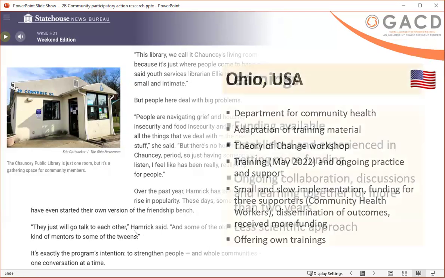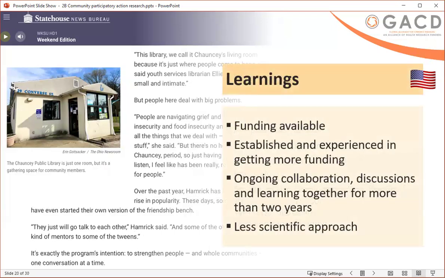The learning there was this: they had funding, they have continued funding, they got more, they're very established, they know how to get funding. We have this ongoing collaboration, and it's not so much focused on science as on offering support for people in need, which is being received well in their community.